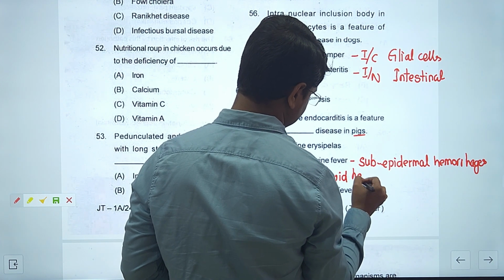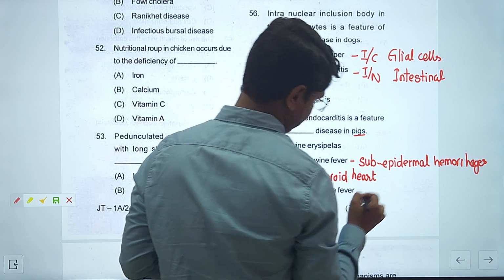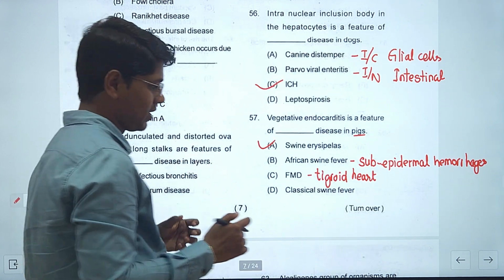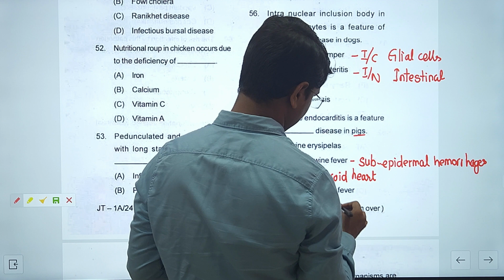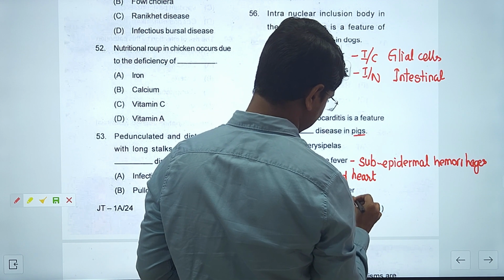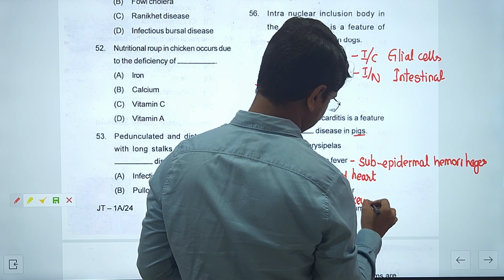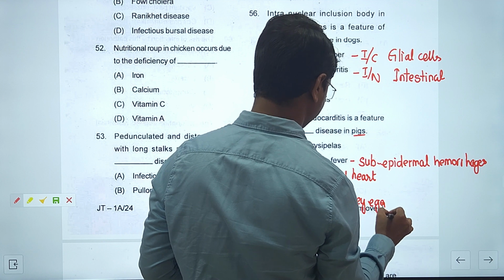heart. Classical swine fever has very distinct pathognomonic lesions, like the turkey egg appearance of kidney.